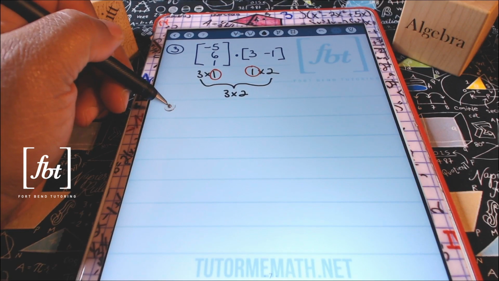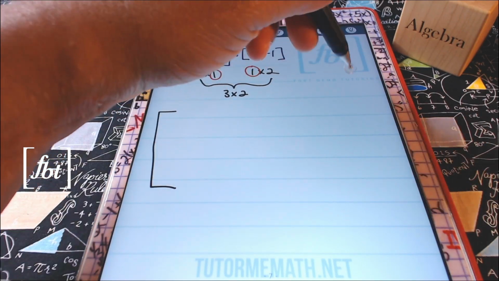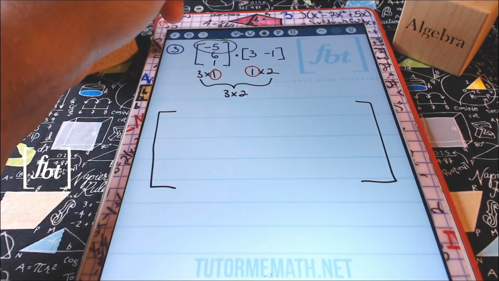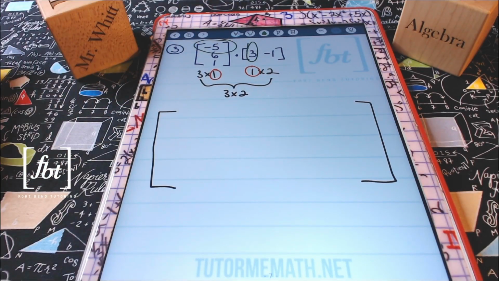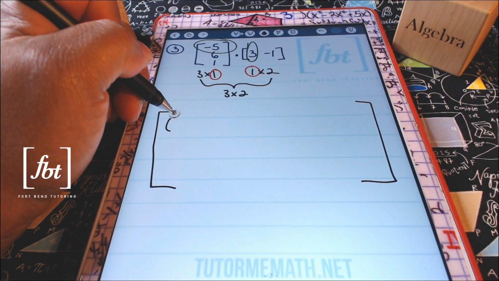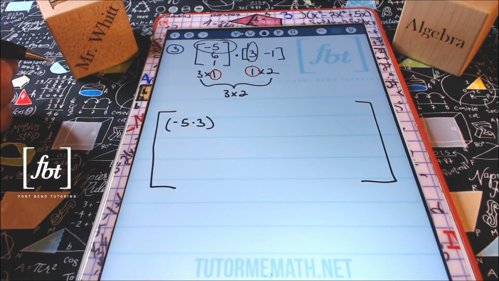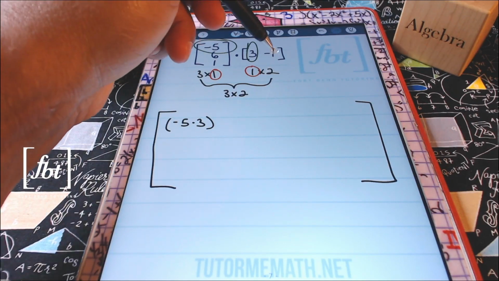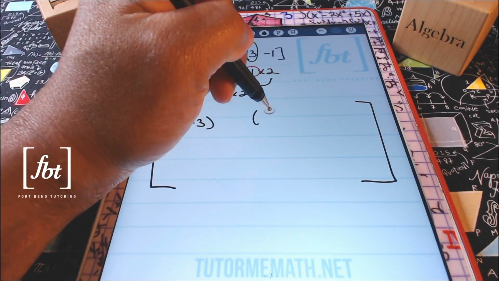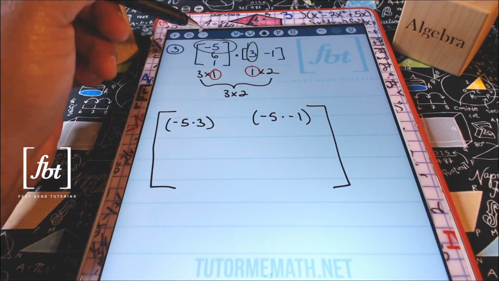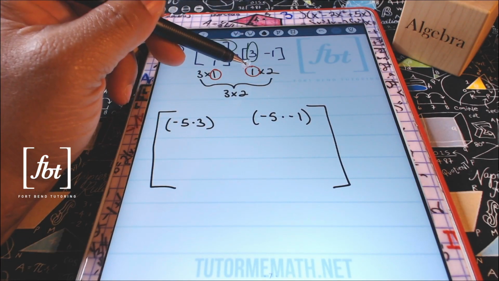So setting this up, we'll be going across the first row and then down the first column in order to create our first value in our resultant matrix. That means I'll have negative 5 times 3 for that first value, and then I'm going to go across the first row and down the second column, and I'll have negative 5 times negative 1. Then we go across the second row and down the first column.